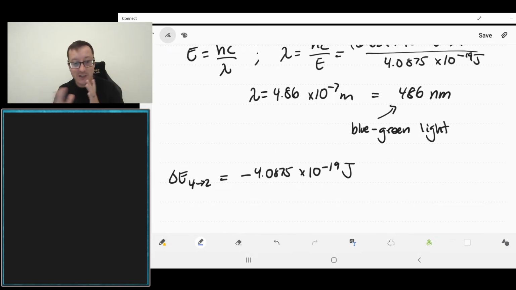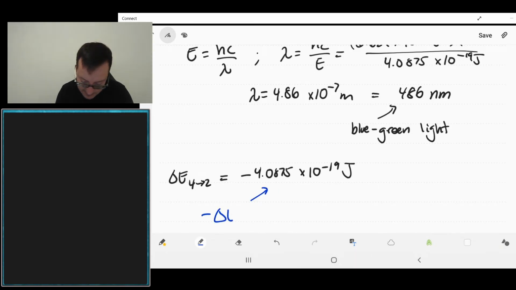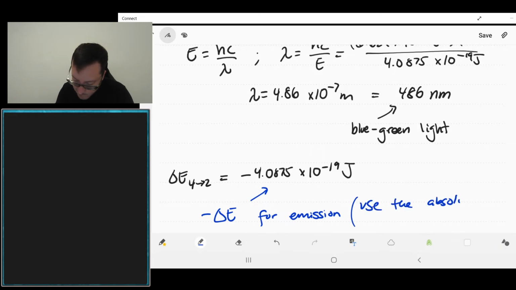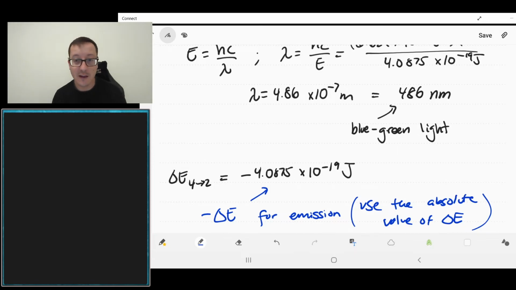Because again, it's a change in energy, so there is some directionality to this. Which way is it starting? Which way is it ending? If we're going to use this number, use the positive one. So we usually say negative delta E for emission. Or we can say more practically, just use the absolute value in your calculations.